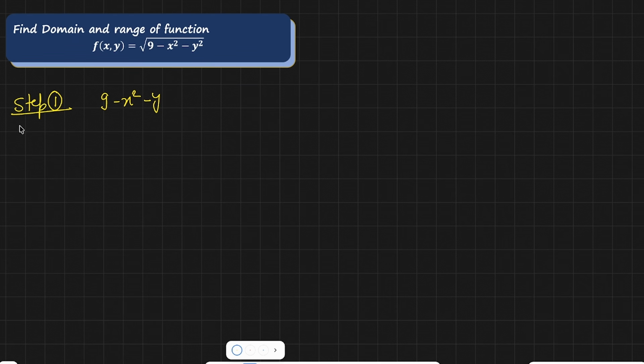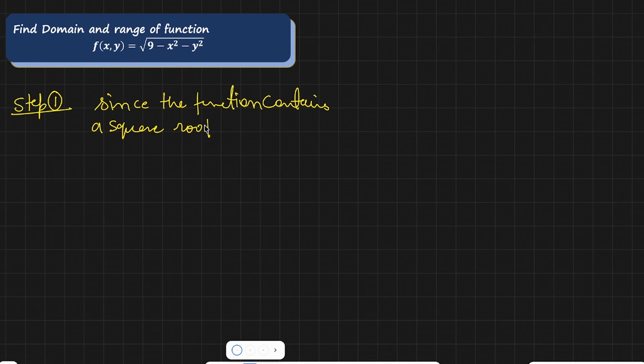So you can write it like this: since the function contains a square root, the expression 9 minus x square minus y square should be greater than or equal to 0. Or after rearranging, I can simply write 9 should be greater than or equal to x square plus y square.